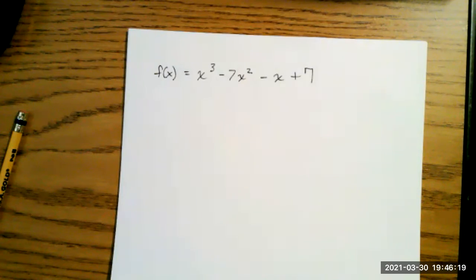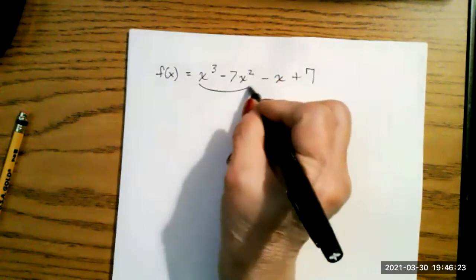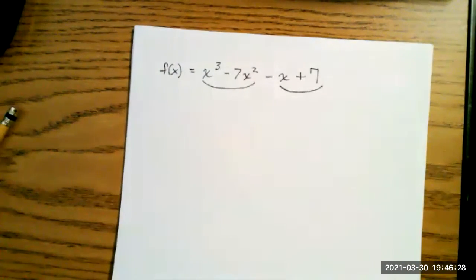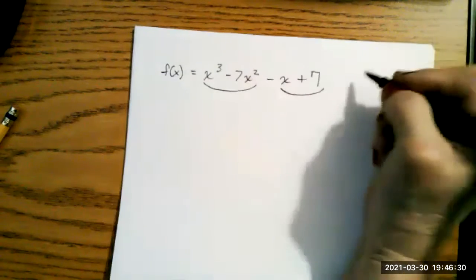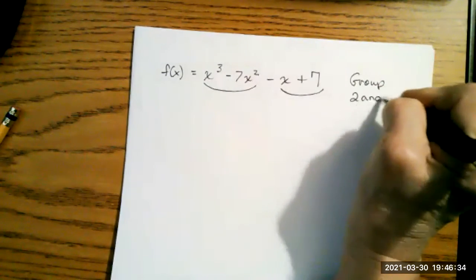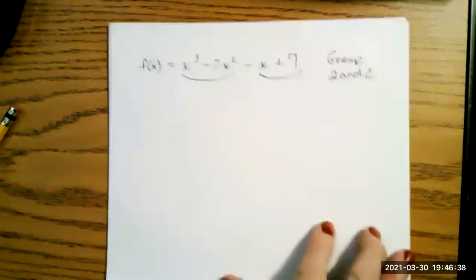Do you remember? Let me help you. You group it 2 and 2. Does that ring a bell? Two here together and 2 here together.